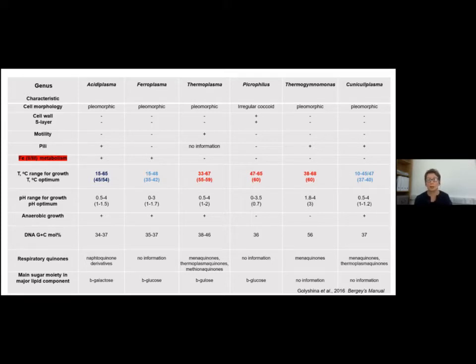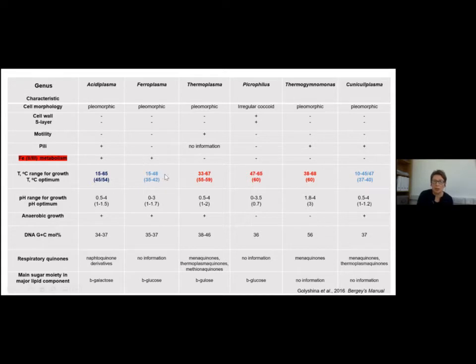And if you look at the temperature range, you can see that these organisms can be divided into moderate thermophiles and mesophiles.